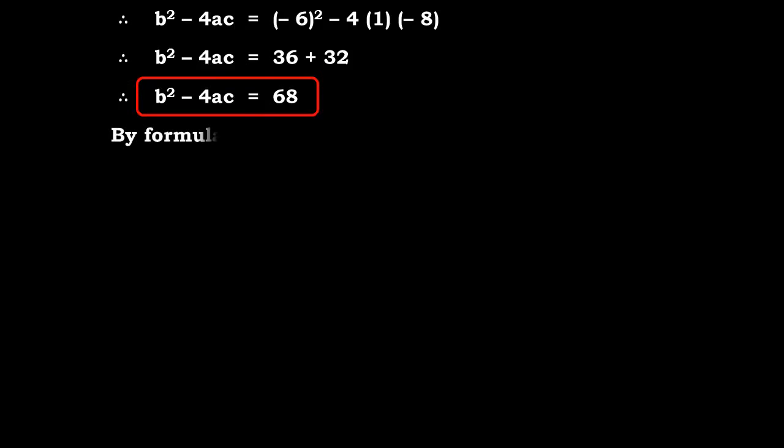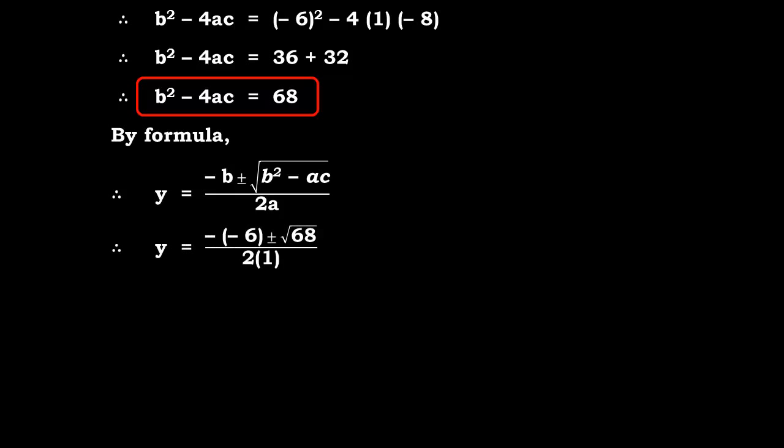So we can write the formula y is equal to minus b plus or minus root of b square minus 4ac upon 2a. So substitute the values. b is minus 6, so 6 plus or minus root of 68 upon 2 into 1. Now 68 we can factorize as 17 into 4. So root of 4 will become 2.